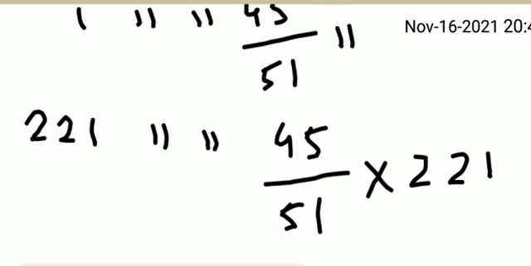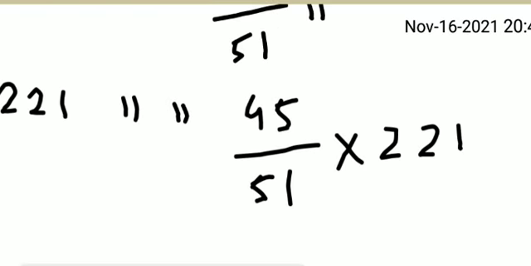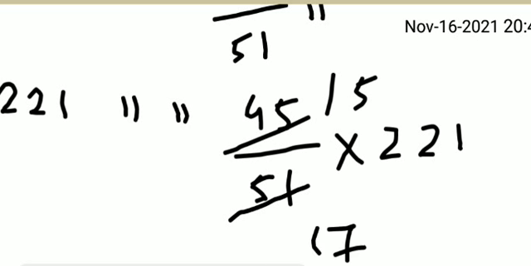So just you have to calculate. Cutting 45 by 3, it will be 15, and this will be 17. Now 17 and 221 cancel, so it will be 13, not 15.